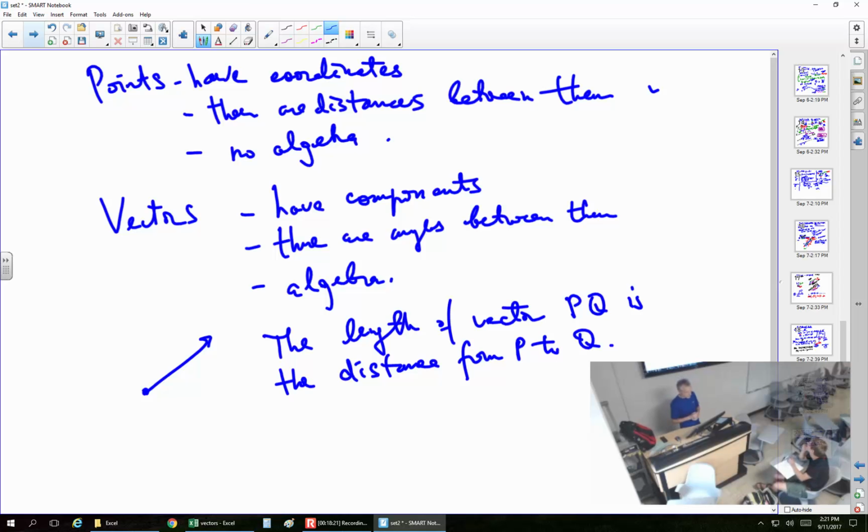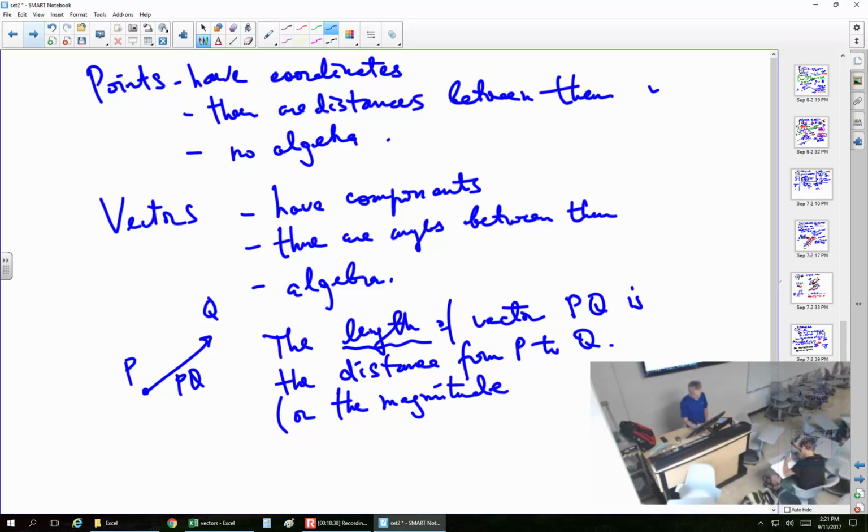If you have the initial points available, then this is vector PQ, and we can speak of the magnitude. Another term for the length is the magnitude, and it's simply computed as the distance.